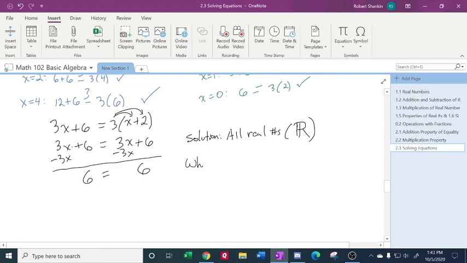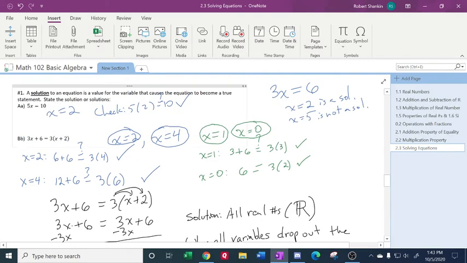When all variables drop out of the equation, then you don't have a typical situation.